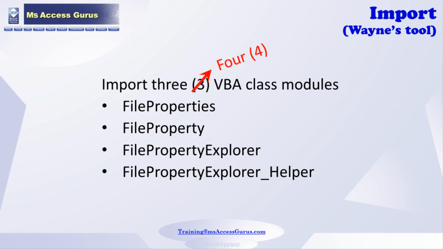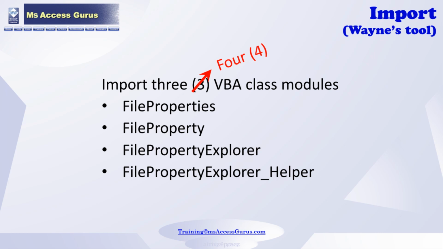When you go download Wayne's tool, in order to bring this capability into a database that you develop, because maybe you don't want to use his form and just browse to a file and get the properties that way, you just need 3 class modules, and here they are. And they're the only class modules in the download.